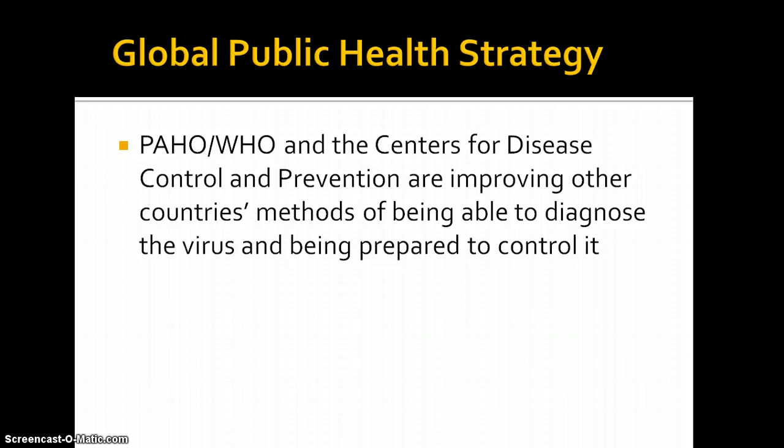Because there's no vaccine for it and there's no cure, we really need to educate our health professionals and the community on how to treat the symptoms, how to recognize when you have the symptoms, and when you should try to stay away from being bitten by mosquitoes, etc. So all of this is going to take a lot of work and collaboration with the governments and with more developed countries, and helping to educate the other communities on how to prevent the infection rate from rising from this disease.